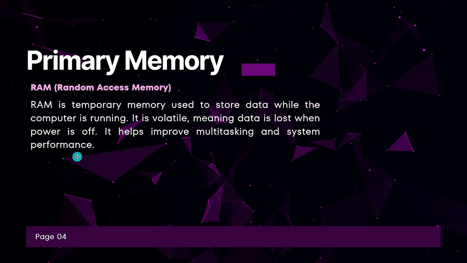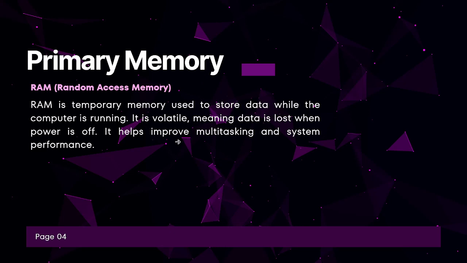So here we have the RAM. As we know, RAM is one of the most important types of memories because it's used when the computer is running. For example, when you are opening applications like Chrome or a game, this data is stored in RAM.